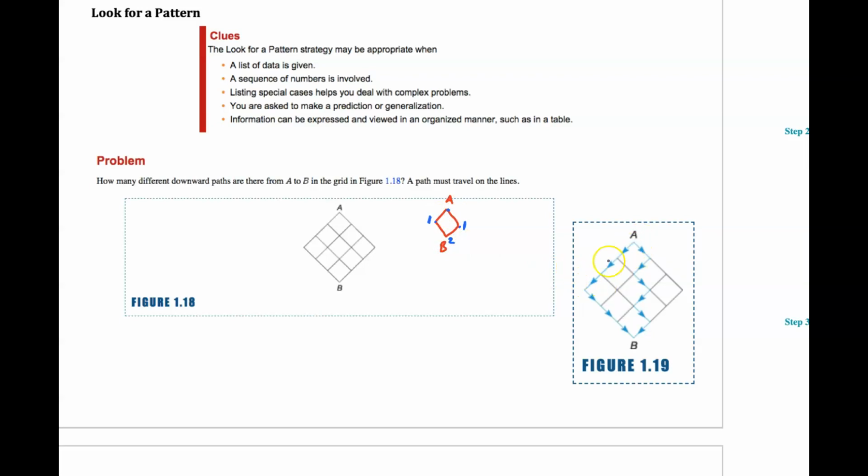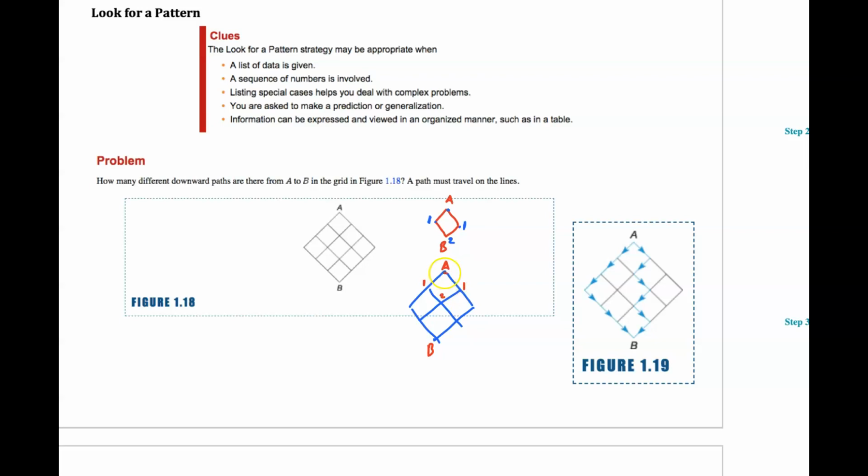And then if we were going to expand that and make it a little bit bigger problem, we would ask ourselves how many different ways can we get from here to here. So from here to here is 1, from here to here is 2 ways, from here to here is another 1 way.